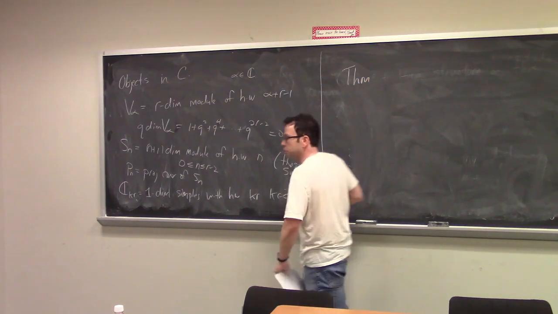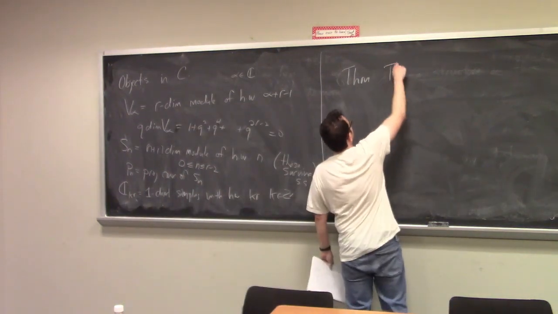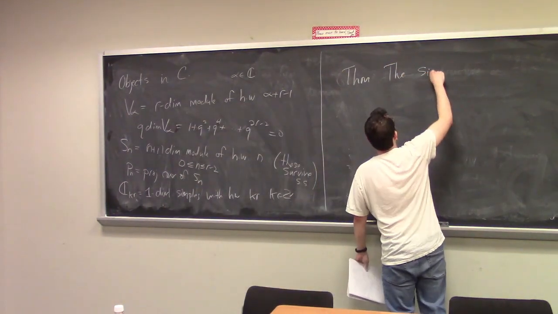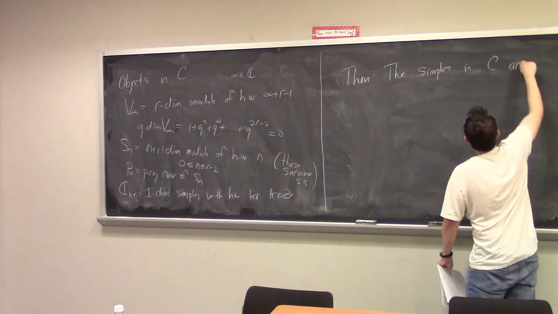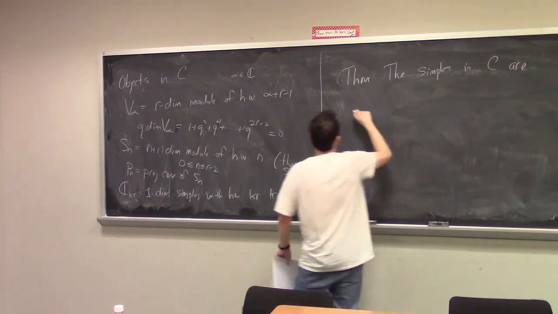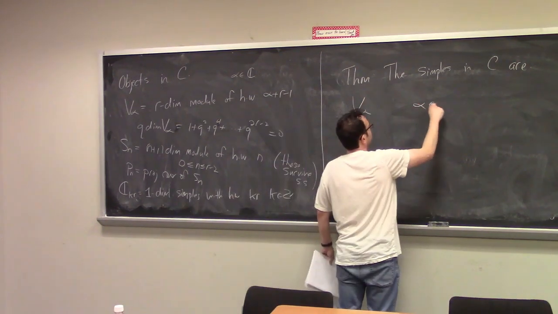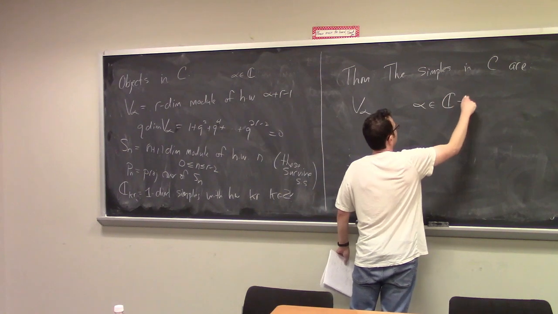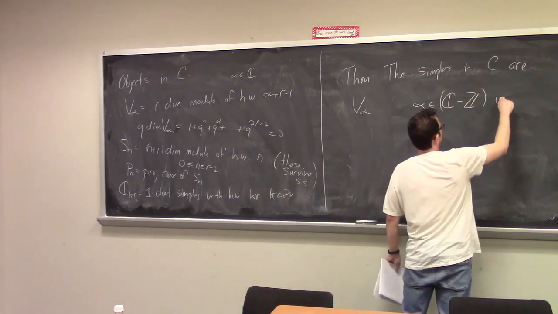I think this is due to Costantino, Geer, and Patureau-Mirand. So, theorem: the irreducibles, or the simple objects in C, are the V_alpha, where alpha is some complex number, but it's not an integer unless it's a multiple of r.